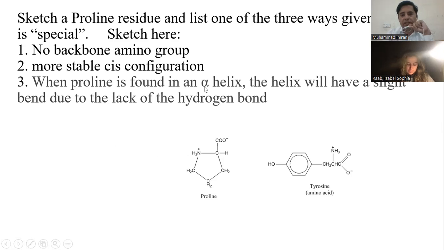When proline is found in an alpha helix, the helix will have a slight bend due to the lack of hydrogen bond. It has fewer hydrogen atoms compared to other amino acids, which can make a trans peptide bond. All proteins are made up of amino acids, and those amino acids are linked by peptide bonds. That peptide bond has a trans configuration, a rigid configuration.